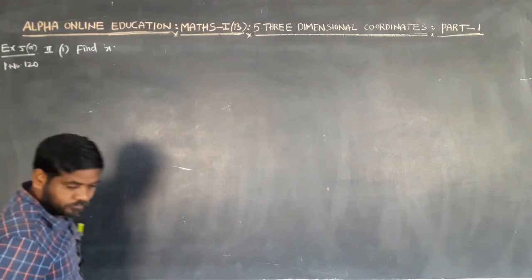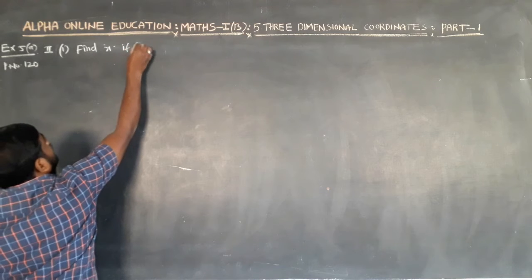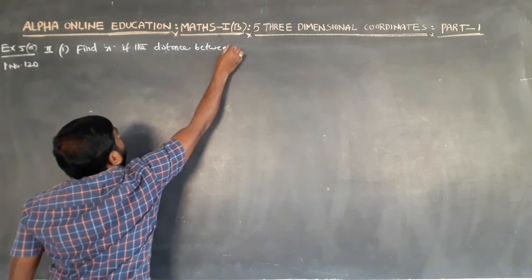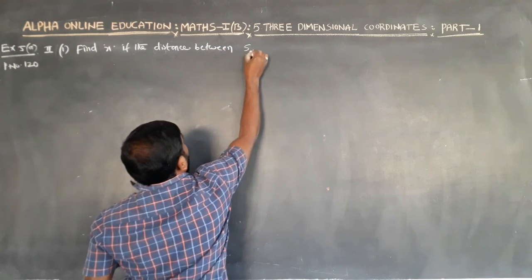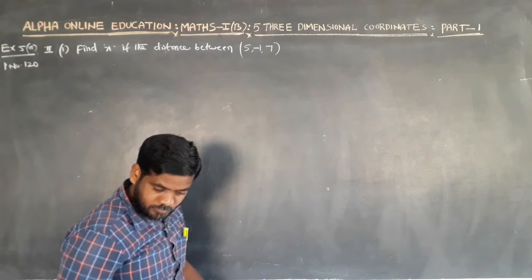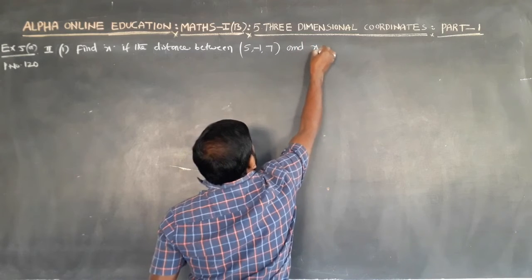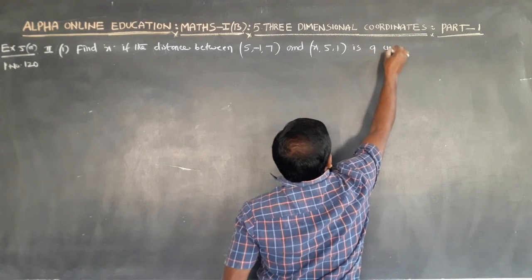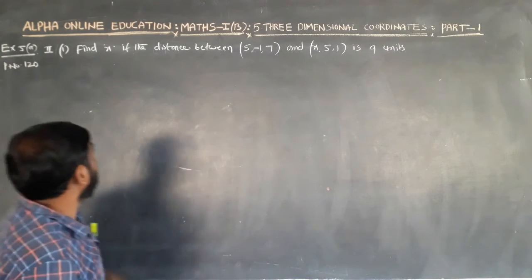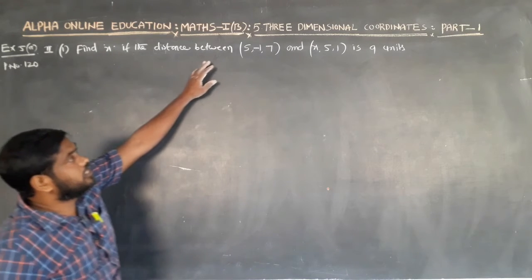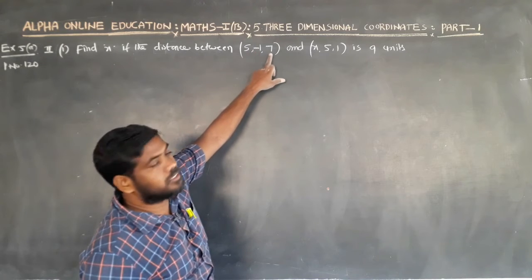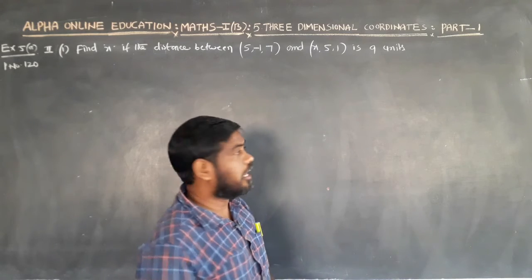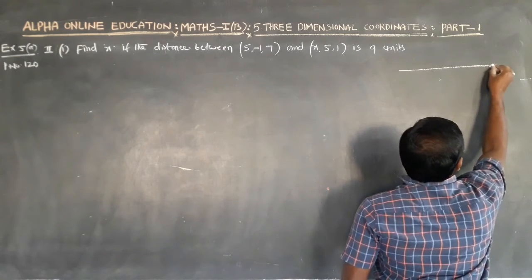Find x if the distance between (5, −1, 7) and (x, 5, 1) is 9 units. These are the given 2 points.